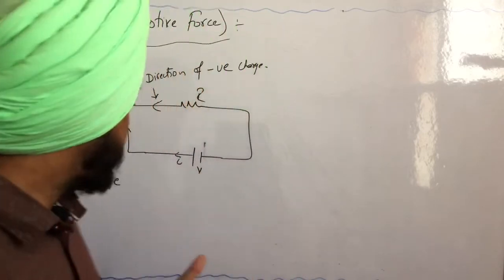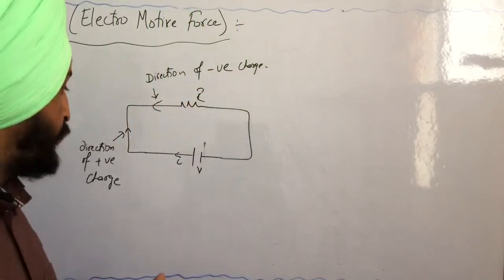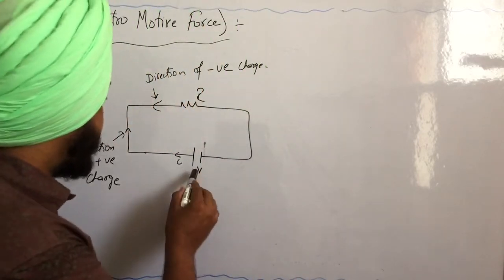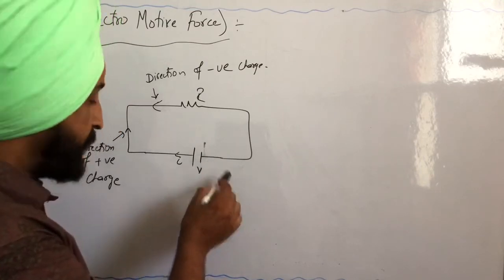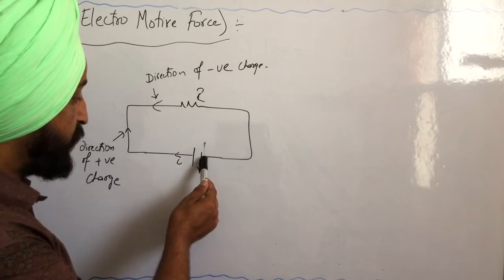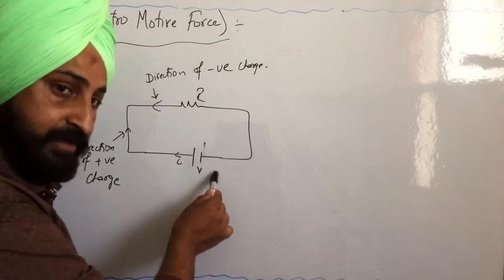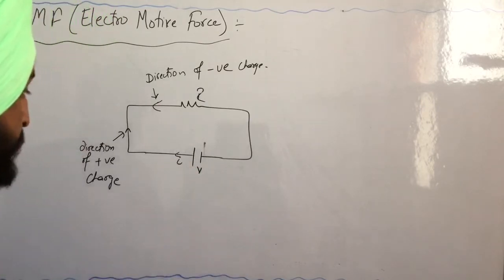So there must be a kind of force which is taking the negative charge from the positive plate to the negative terminal, and similarly the positive charge from the negative terminal of the battery to the positive terminal of the battery.